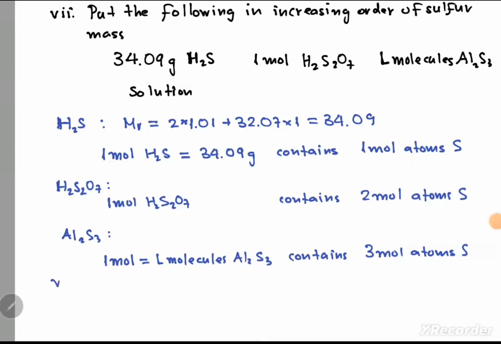So we have the answer. First, smaller is sulfur mass in hydrogen 2 sulfur. Then sulfur mass in hydrogen 2 sulfur 2 oxygen 7, and the most mass is in aluminum 2 sulfur 3.